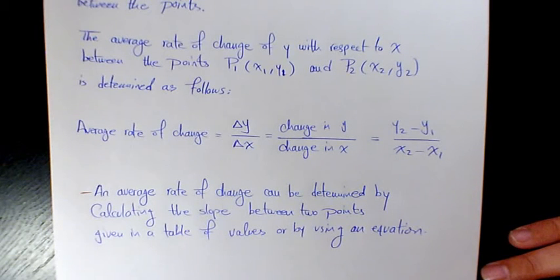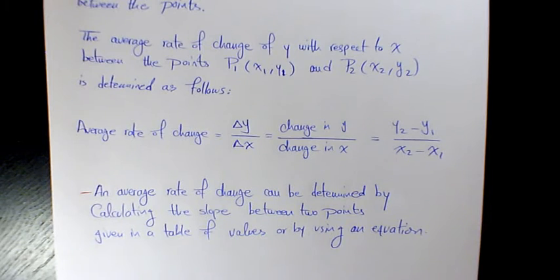So average rate of change can be determined by calculating the slope between 2 points given in a table of values or by using an equation. Let's see some examples.